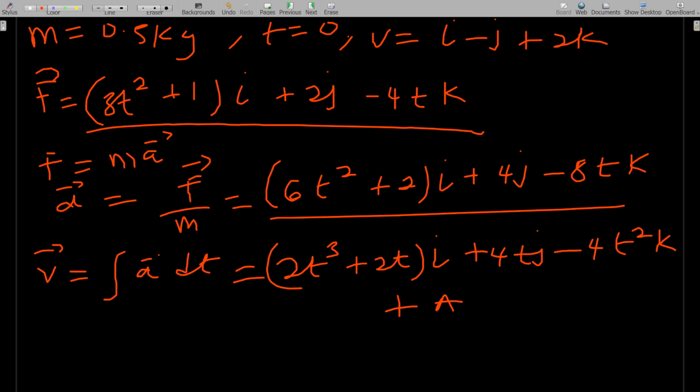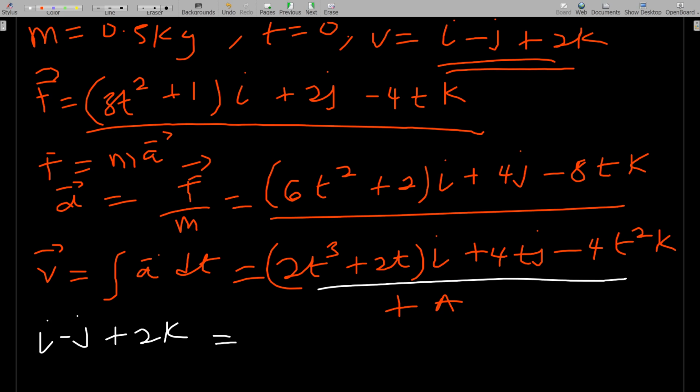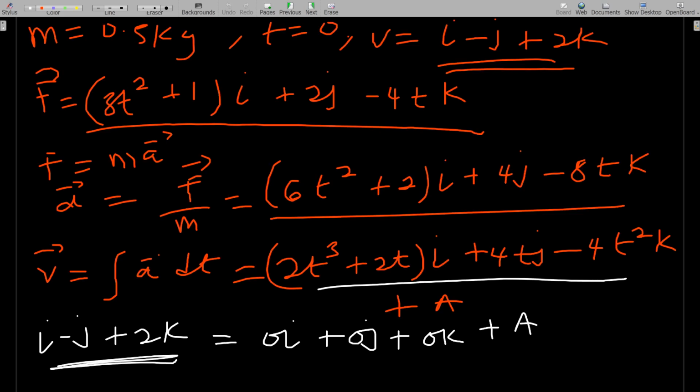But at the point where t equals 0, we have v of 0 equals i minus j plus 2k. So let's put that in to find this. So i minus j plus 2k is equal to putting 0 in for t here, and I'll get 0i plus 0j plus 0k plus a, meaning that my a is equal to this. So I can simply say that my velocity is equal to, adding everything, kindly bear with me. You just add this to that, component-wise. So we add the component of this i to the component of this i.